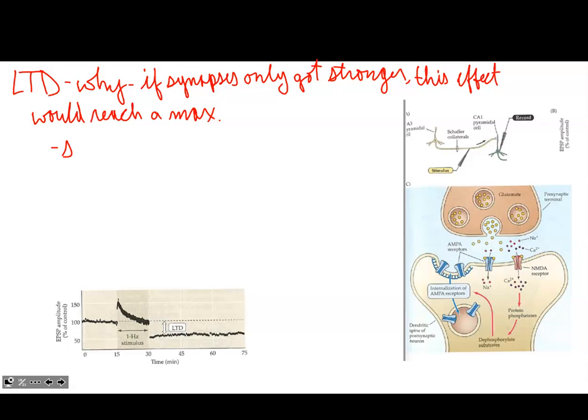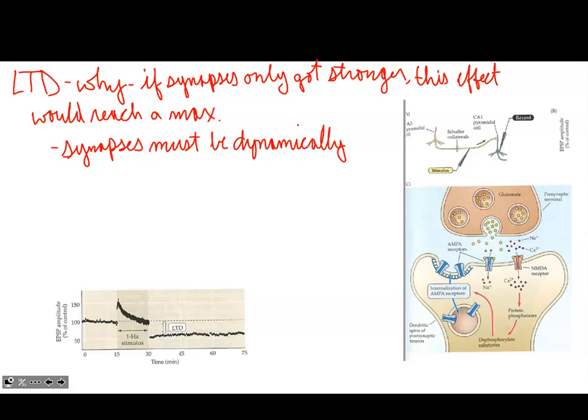So instead, synapses have to be dynamically strengthened and weakened to adapt. So synapses must be dynamic, meaning that they're changing.